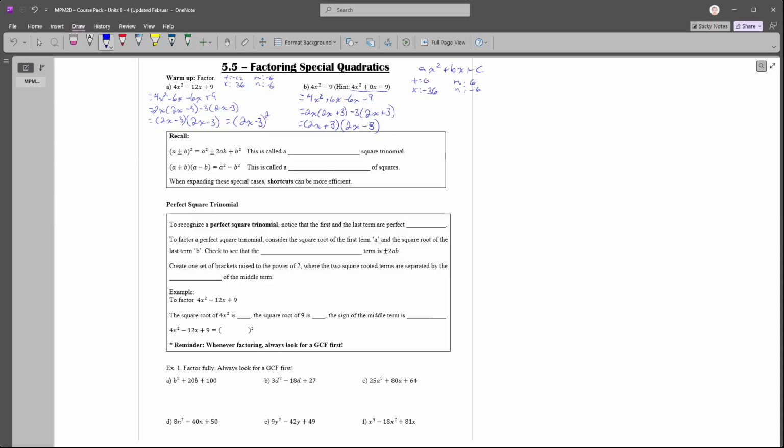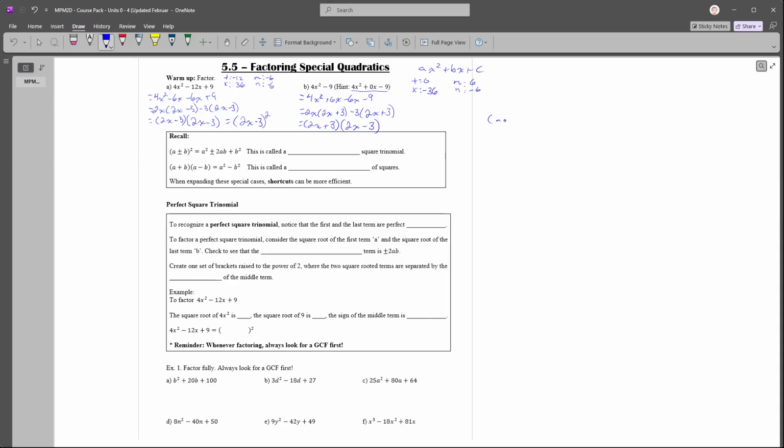We've seen these things before. If you go all the way back to 3.1, we learned some shortcuts. If you remember what those shortcuts were, we were basically saying when we have an expression in a certain format, then we can simplify that and expand it to its expanded form in one step. The shortcuts that we saw were like this.